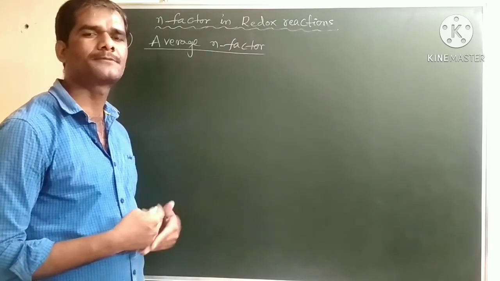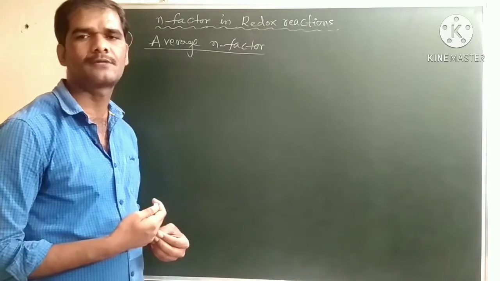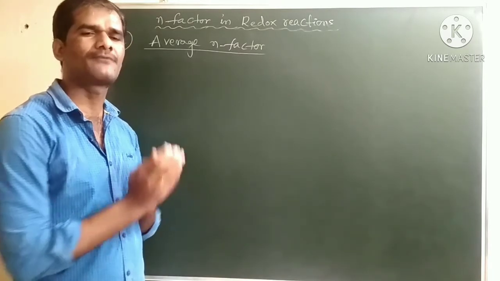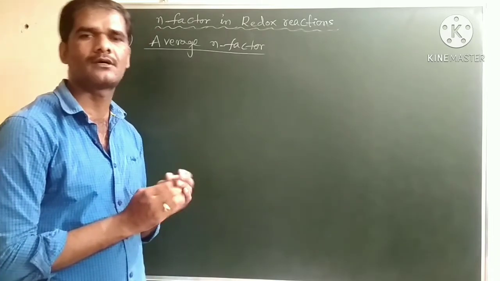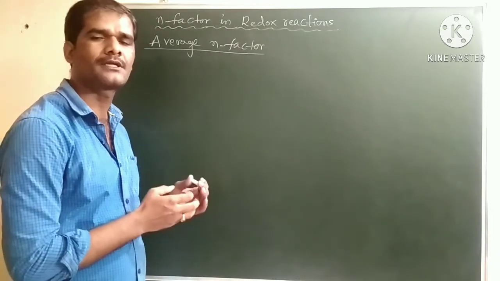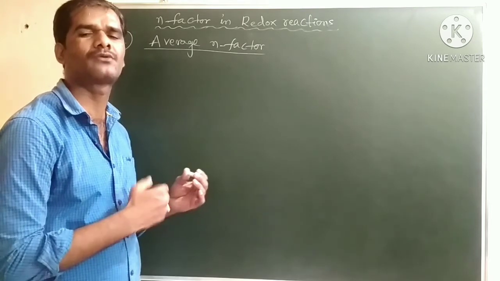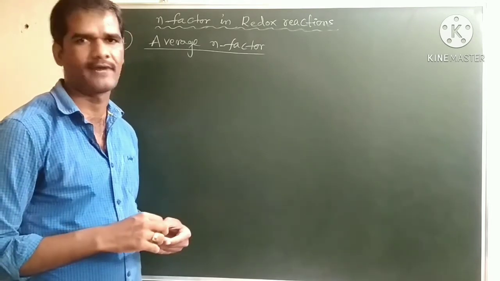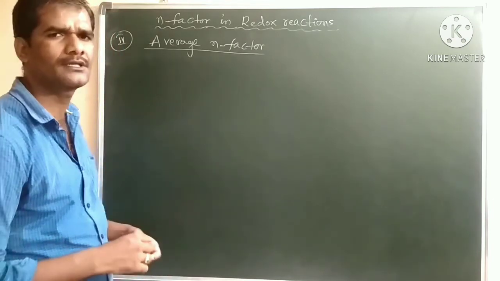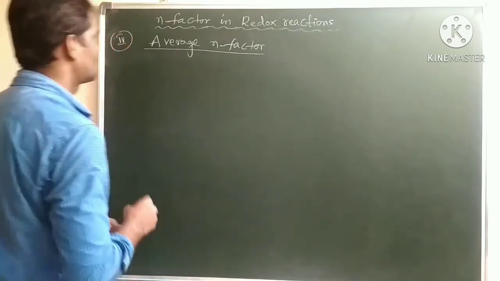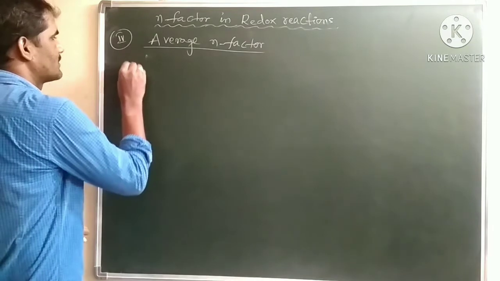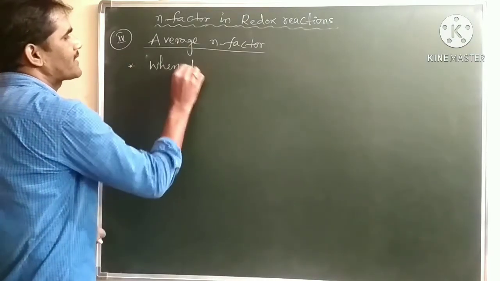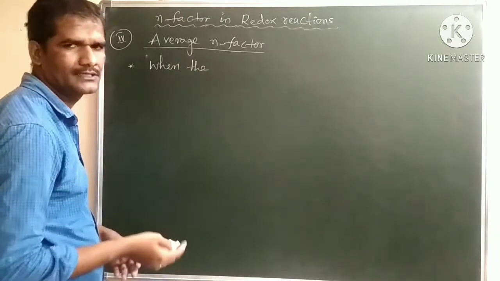Sometimes it undergoes partial oxidation or partial reduction. In some reactions, part of the reactant undergoes reduction or oxidation and the rest remains as it is. It will not undergo any change. So in that case, how to calculate the N factor? This is the last condition to calculate N factor. The last one, the next case, is when the reactant is partially oxidized or reduced.